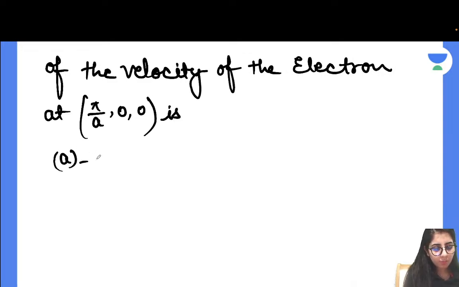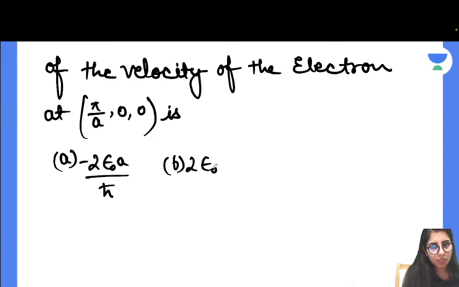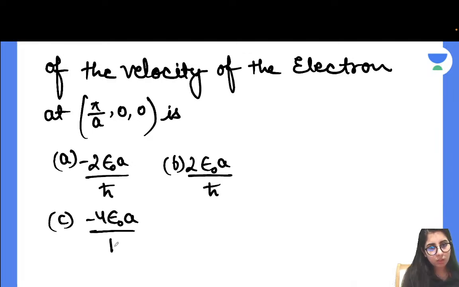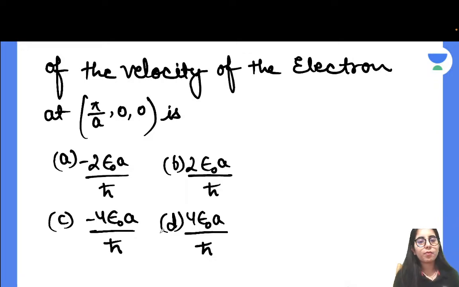Options are minus 2 epsilon naught a over h squared, 2 epsilon naught a over h squared, minus 4 epsilon naught a over h squared, 4 epsilon naught a over h squared. Okay, this is what we are going to have.